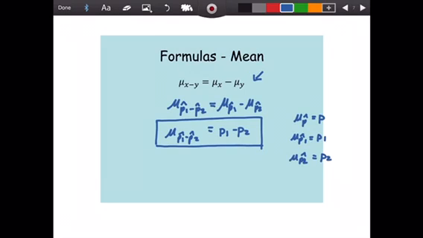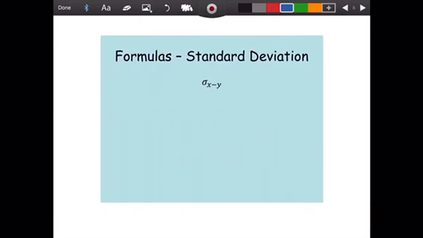We can derive the formula for the standard deviation in a similar fashion. Remember, we're talking about the standard deviation for a difference. So the standard deviation for x minus y, if you'll recall, is the square root of the sum of the variances of x and y, or the standard deviation of x squared and the standard deviation of y squared, which is what variance is.